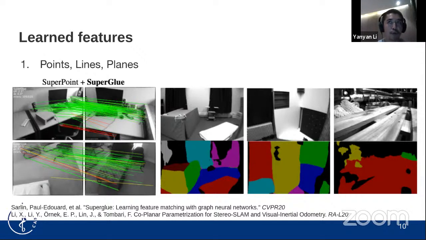Compared with traditional points extraction methods like SIFT or ORB, these types of new networks can extract more feature points, and also the distribution of those features is more even compared with a traditional method.